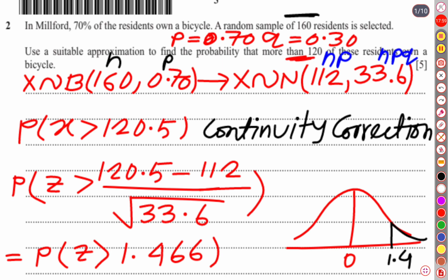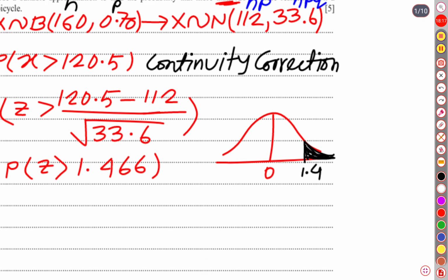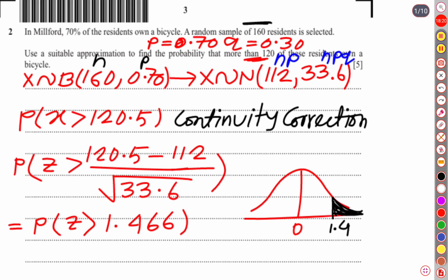This greater part, on the right side of this z score, because it is written z greater than. For this tiny part, from the previous solution you have come to know that we subtract the larger part from the whole probability.